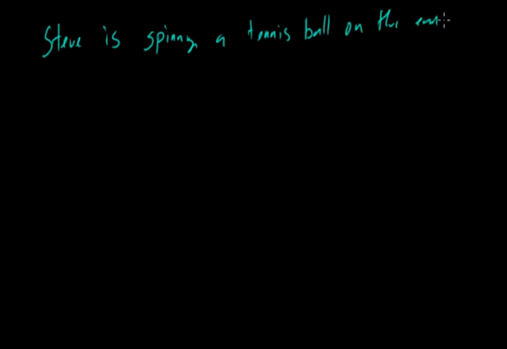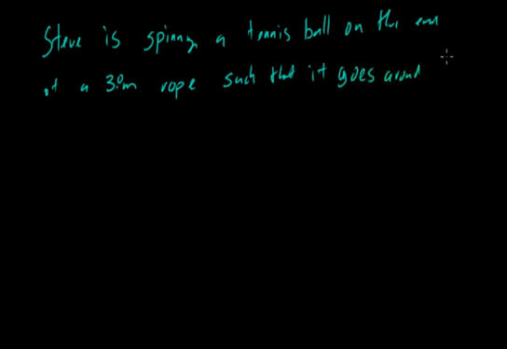Any problems today are going to be pretty basic level, but imagine that Steve is spinning a tennis ball on the end of a 3.0 meter rope such that it goes around every 4.3 seconds.